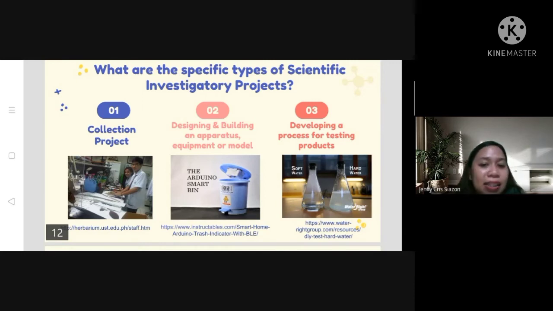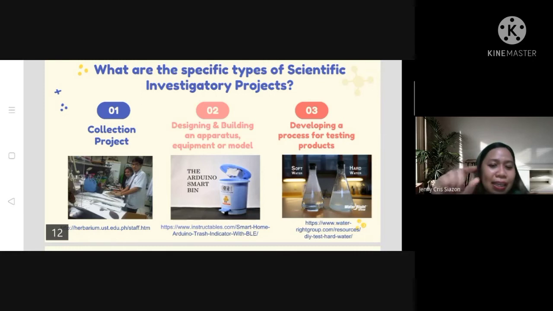Another one is designing and building an apparatus, equipment, or model. Like for example, in this Arduino Smart Bin. Ito ay hindi isang ordinaryong trash can or trash bin. Bakit? There is an involvement of robotics and automation.